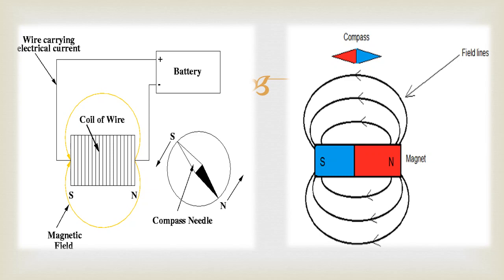Now students, from this experiment we can see that a magnetic needle is indeed a magnet, and we have seen that the magnetic needle changes its direction when a bar magnet is taken near it. That means when a bar magnet, which we can see in the second picture, is taken towards the magnetic needle, a change in the direction of the magnetic needle takes place.